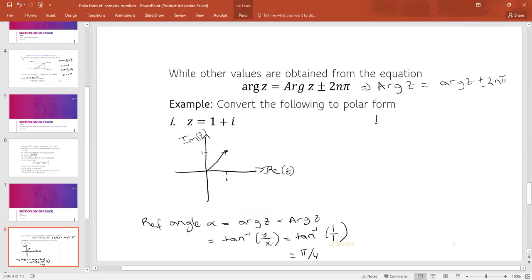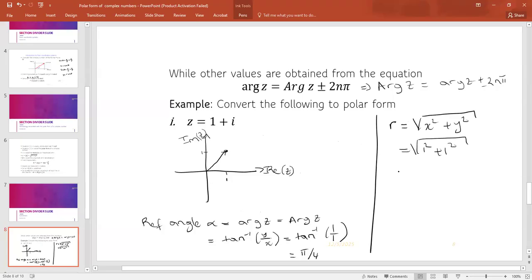Now let's look for the modulus. Remember the formula used for the modulus is given by the square root of x squared plus y squared. So we are going to have the square root of 1 squared plus 1 squared, and the answer is the square root of 2.